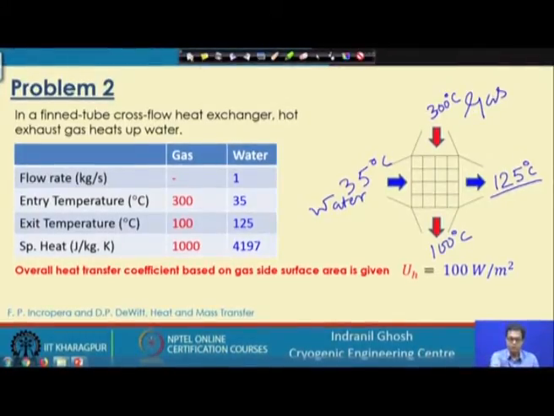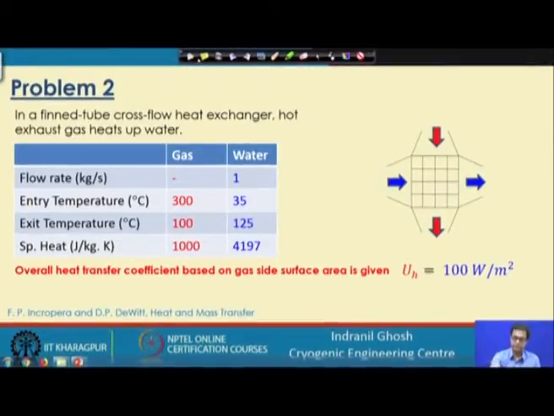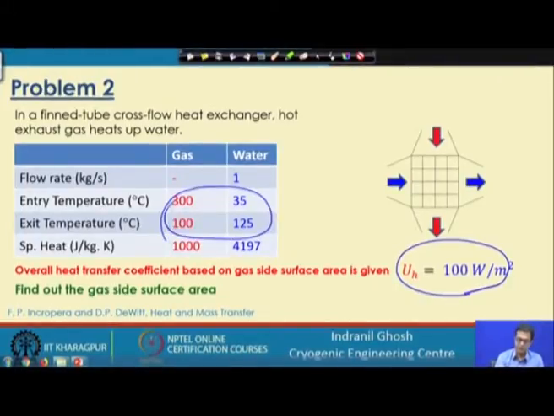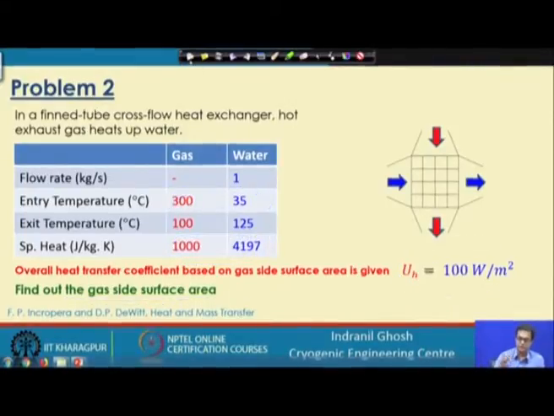What we need to find out is the gas side surface area. So, the problem statement is like this. We have been given the overall heat transfer coefficient, we have all the temperatures known, we have the specific heats known, and we need to find out the gas side surface area.